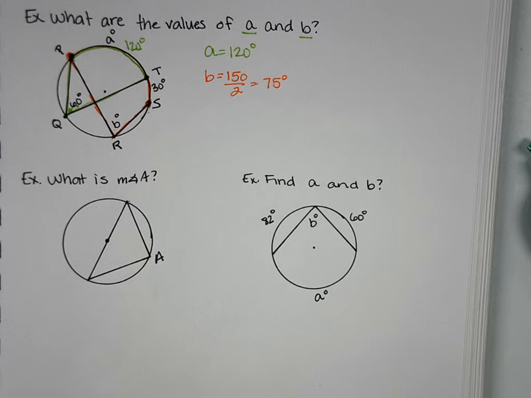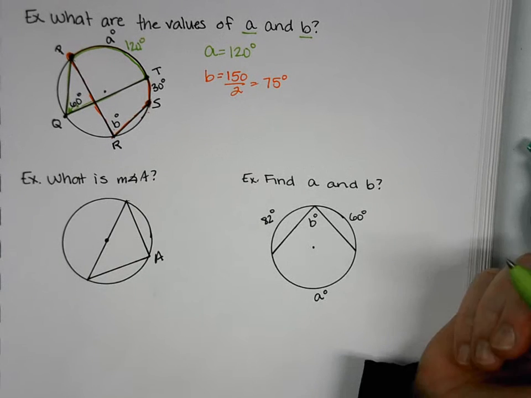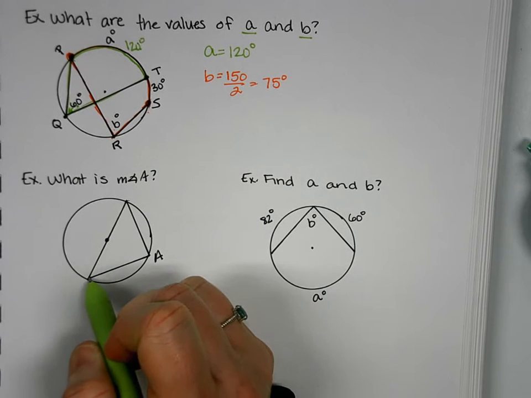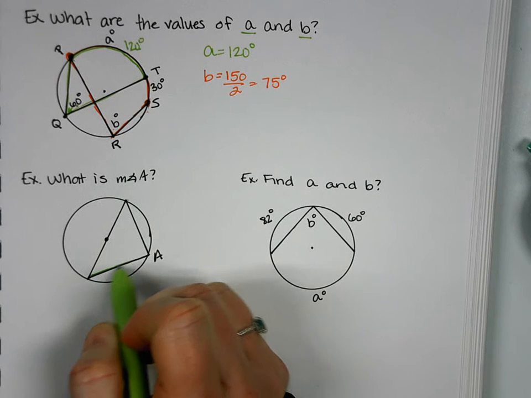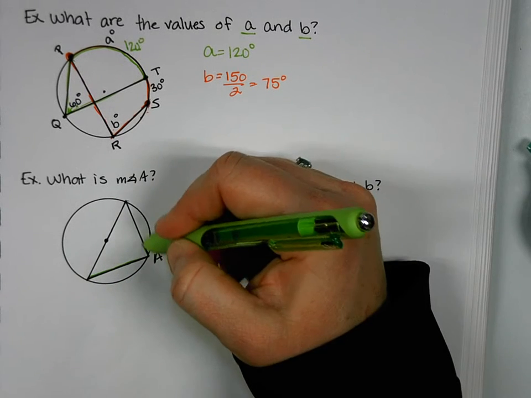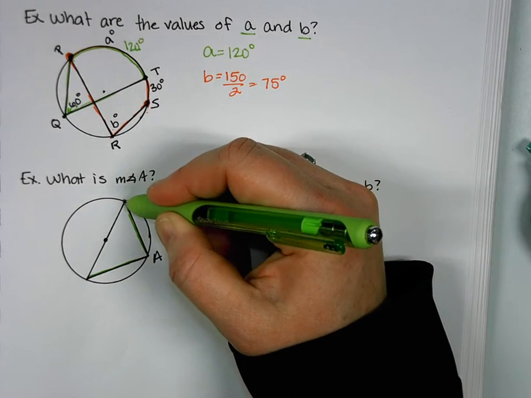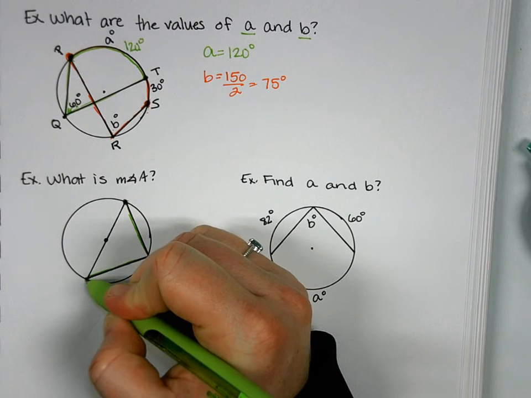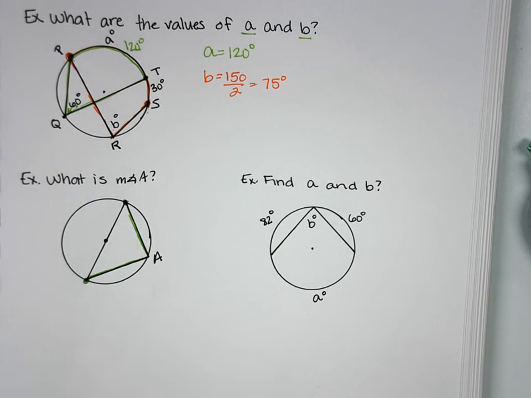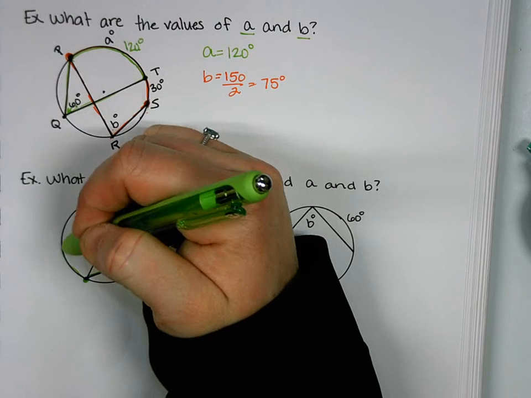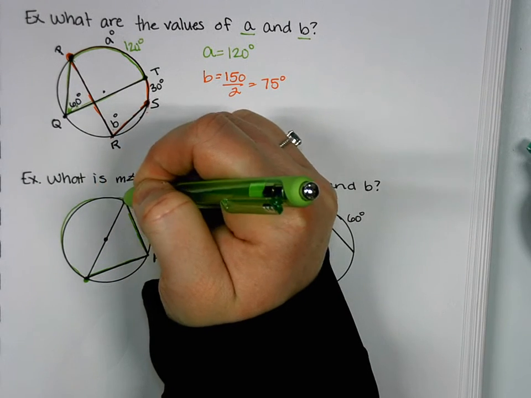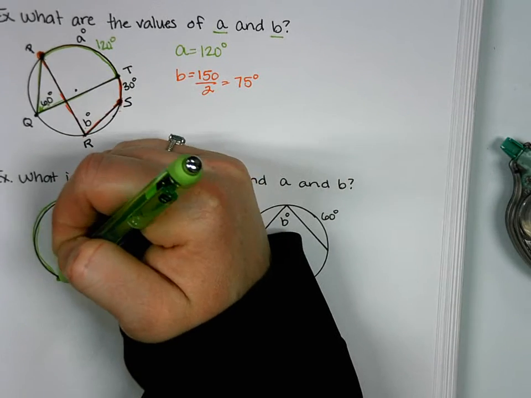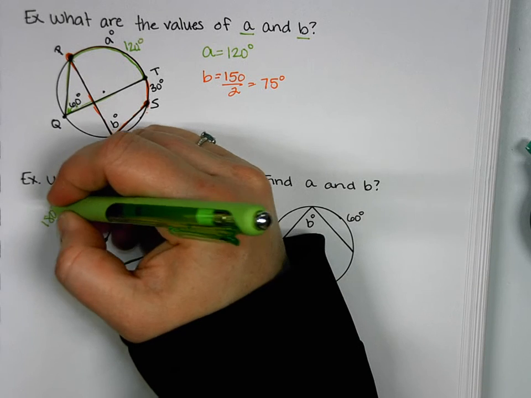Okay, what about the second one? What is the measure of angle A? If we follow our lines from the vertex of A, what does that arc measure? How do you know it's 180? Because it's a semicircle.